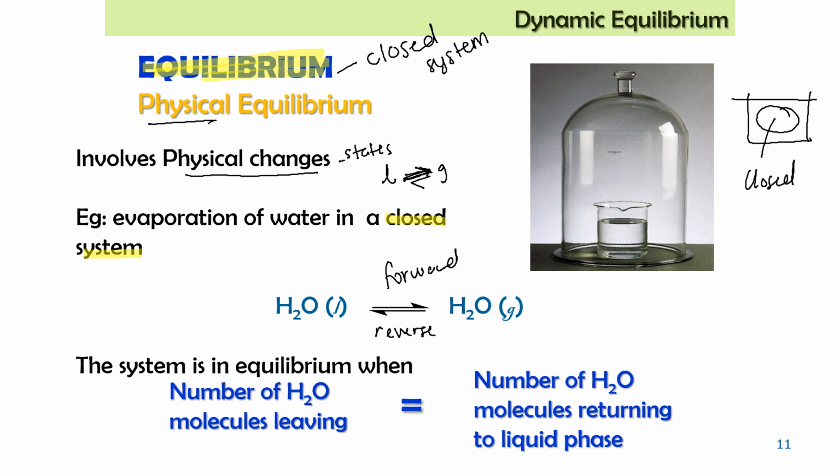Dia akan form balik liquid. So this is called physical changes, and the system is in equilibrium when the number of H2O molecules leaving is equal to the number of H2O molecules returning to form liquid semula.